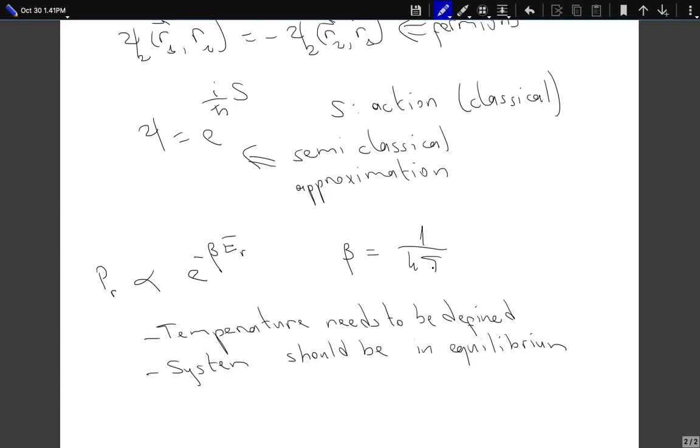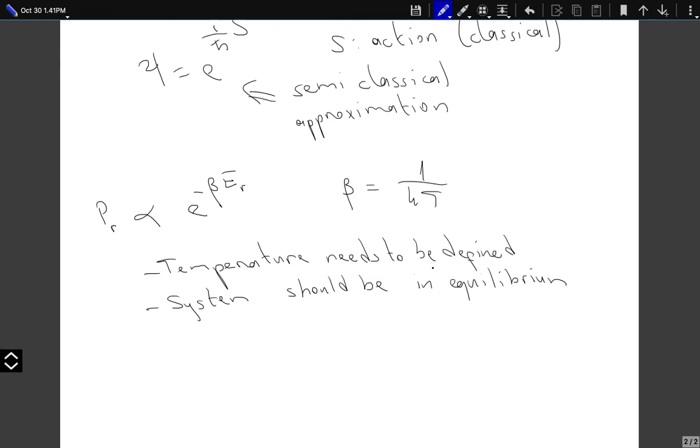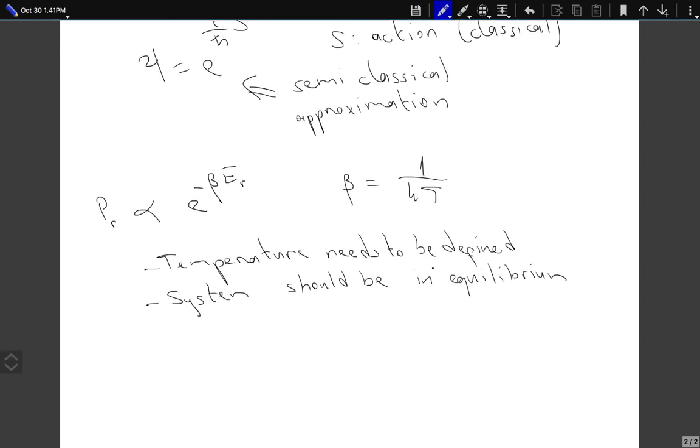The system is always in its most probable state. So we have to consider only when n is approaching infinity. Okay, there's this problem of thermodynamic limit. Now, there will be fluctuations which will be negligible, which will go to zero in the thermodynamic limit. So if you have a smaller system, you get larger fluctuations, even in this expression of the probability.